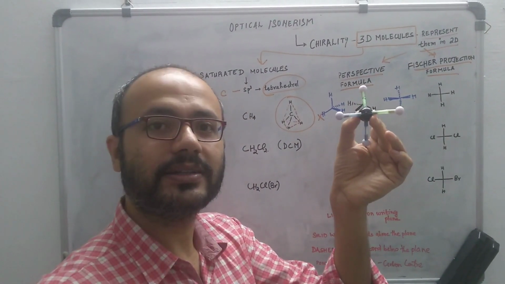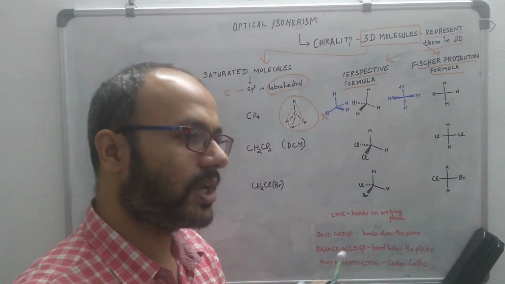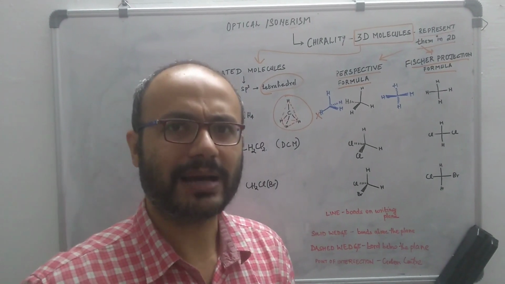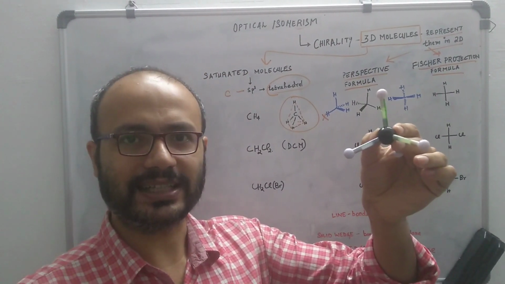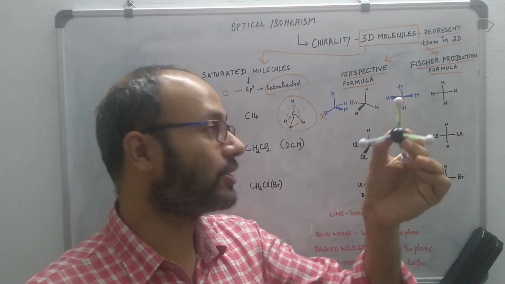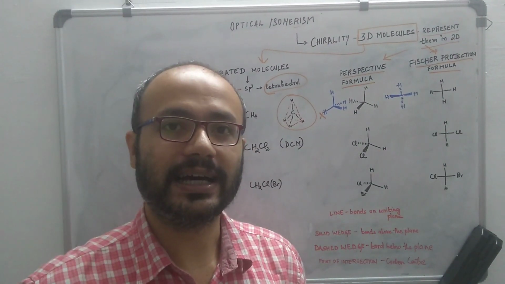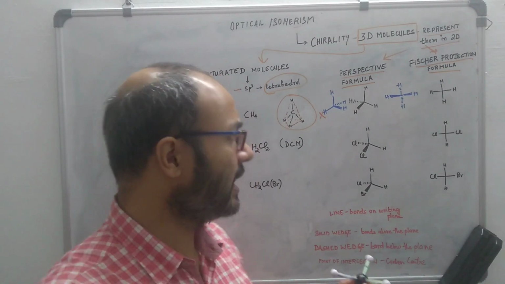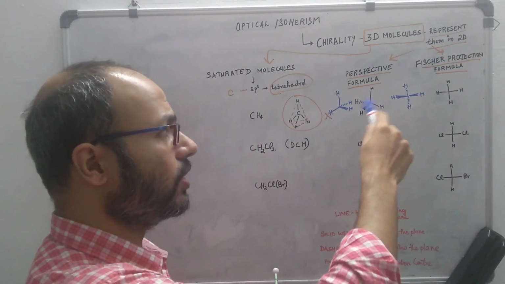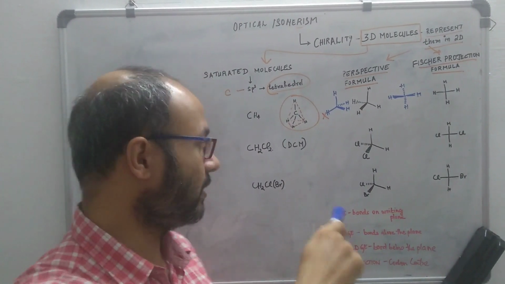plane. What I would like you to do is get hold of some matchsticks and try to make a tetrahedral structure like this, and then try to visualize these diagrams yourself. I'll continue with the drawing of other molecules also in the coming lecture.